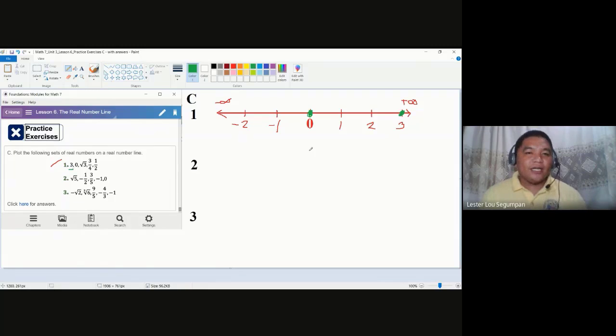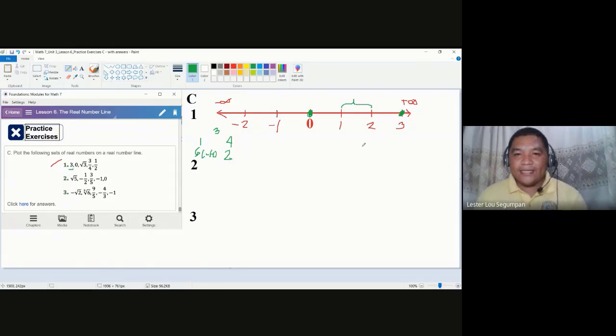But for the purpose of this video, we know that the principal root of square root of 3 is between the principal root of the square root of 1 and square root of 4, because 3 is somewhere between 1 and 2. So square root of 3 is somewhere here.